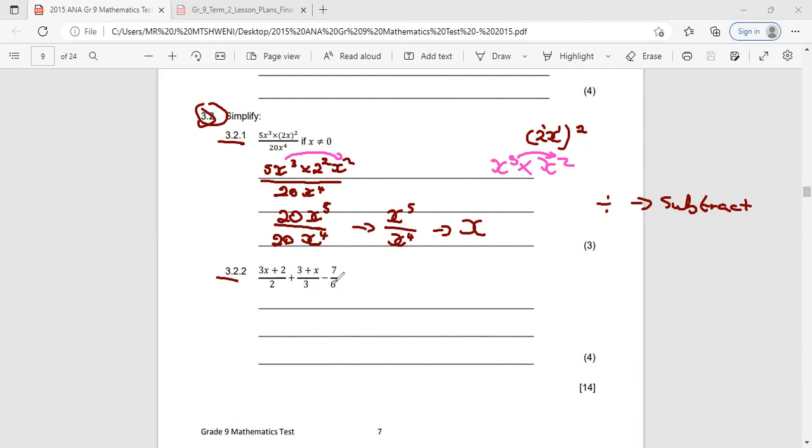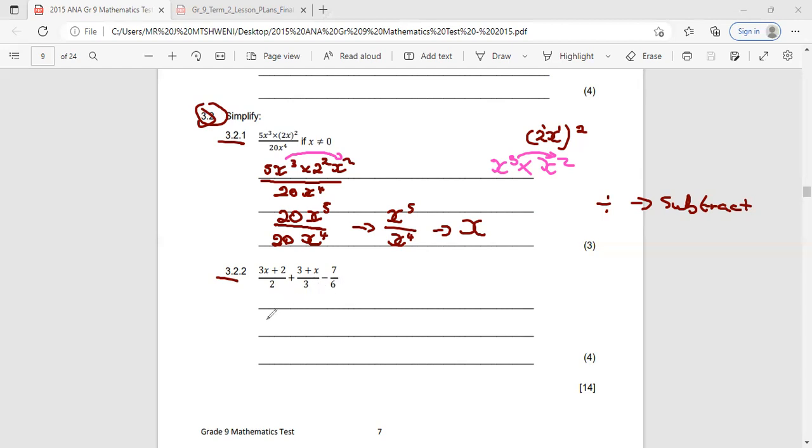You check the highest number, which is 6. You check whether 3 can be divisible into 6 and 2 can be divisible into 6. If they can be, which means we'll take 6. So when you say 6 divided by 2, you find that you don't get a fraction, you get a whole number. The same with 3, which means 2 and 3 divide 6.